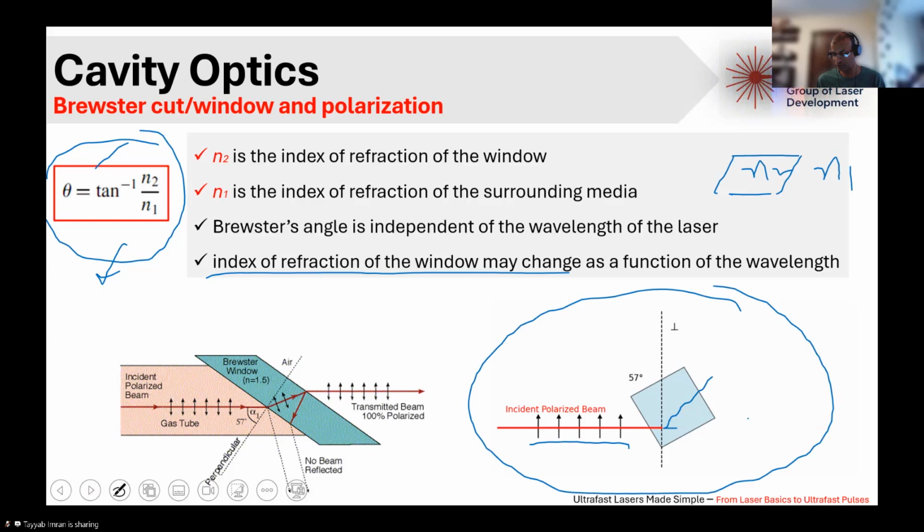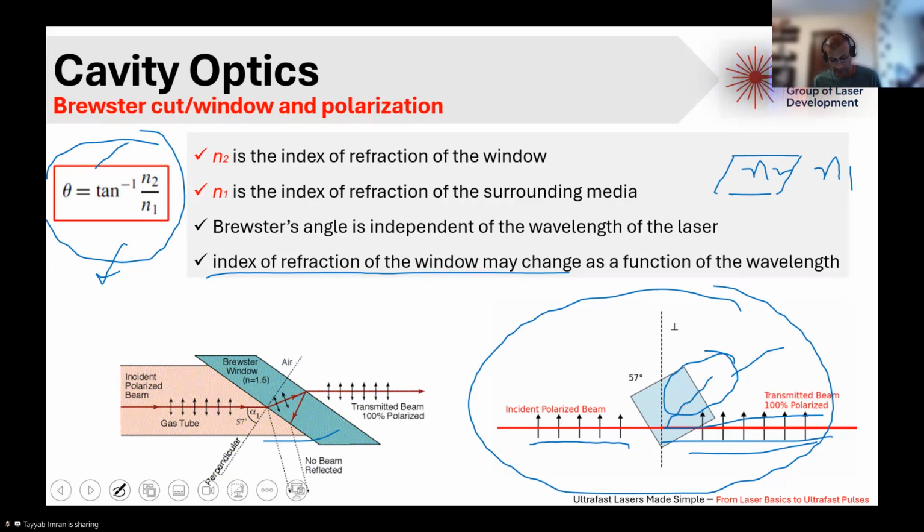It passes through only this one. Only this polarization, which can be vertical or horizontal, will pass through, because of this Brewster angle arrangement.